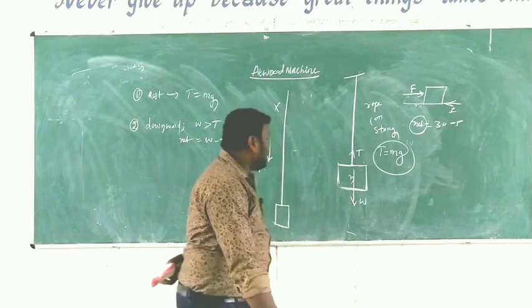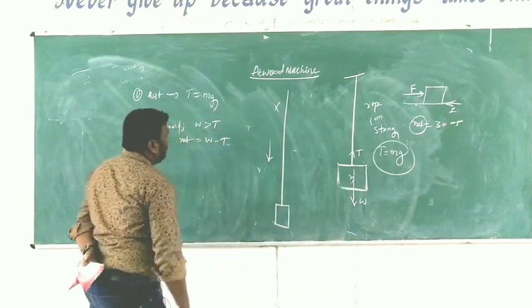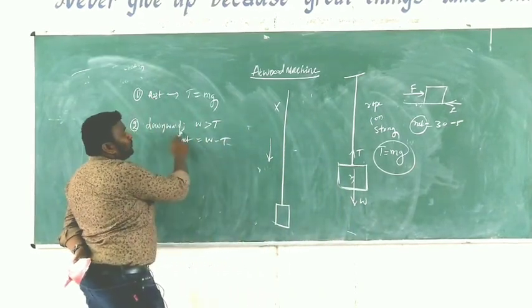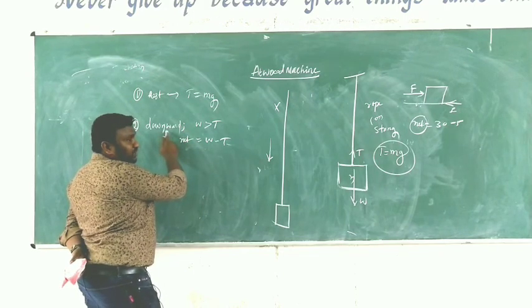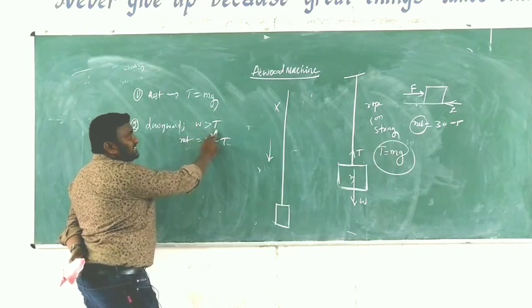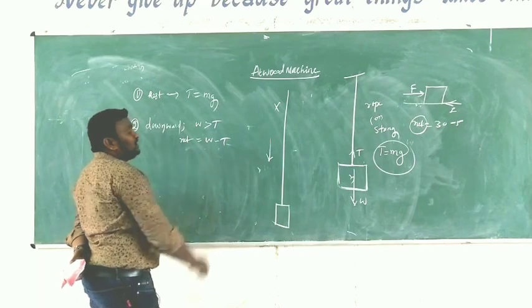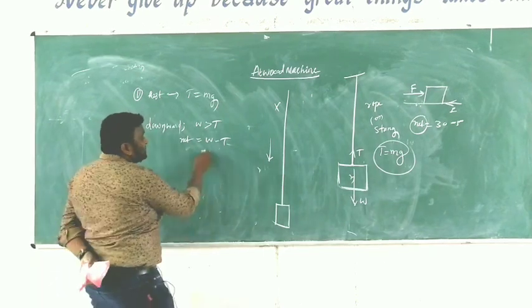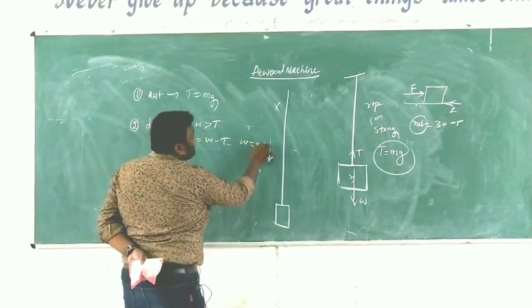In the same manner here, the body is moving downward, so weight is greater than tension. The net force is W minus T. In this case, weight can be written as mg.